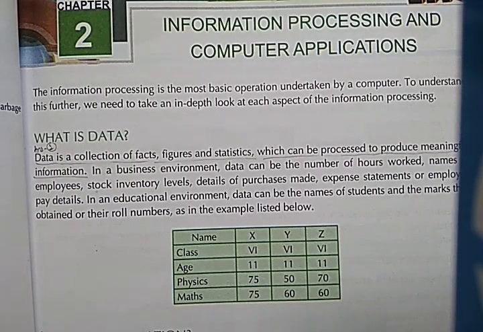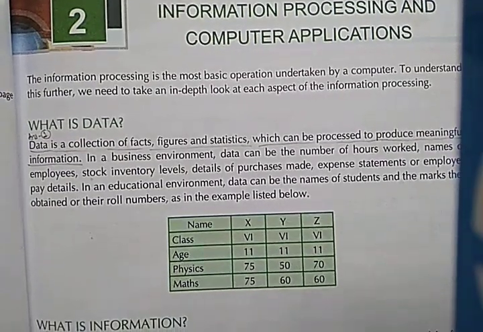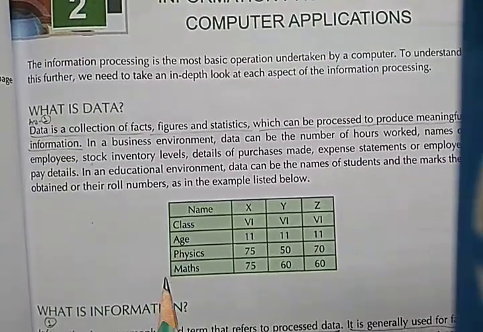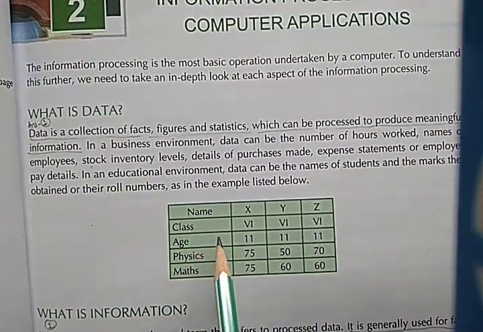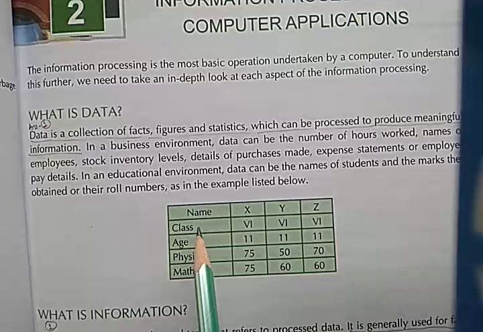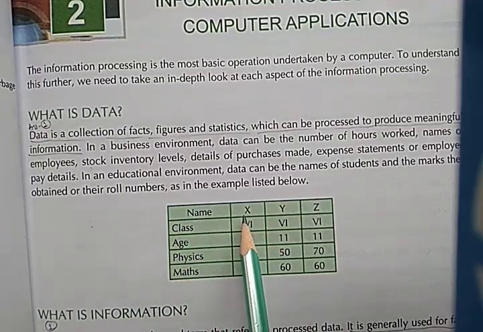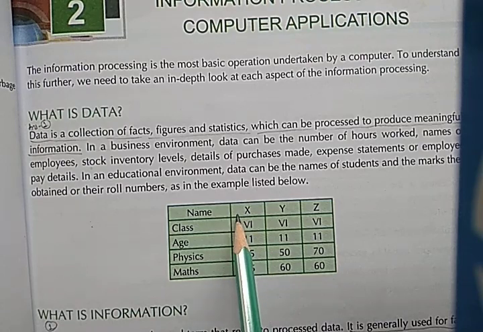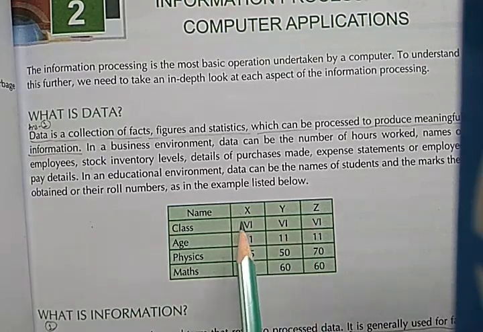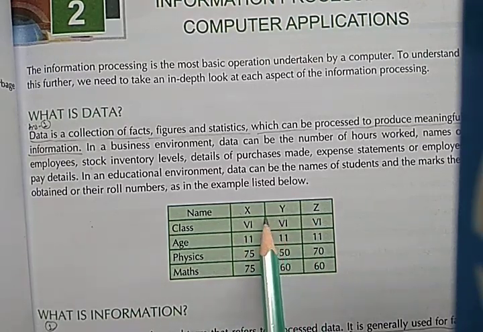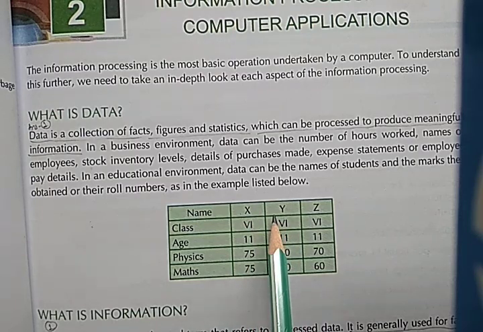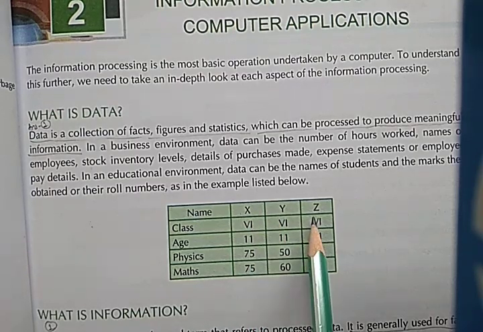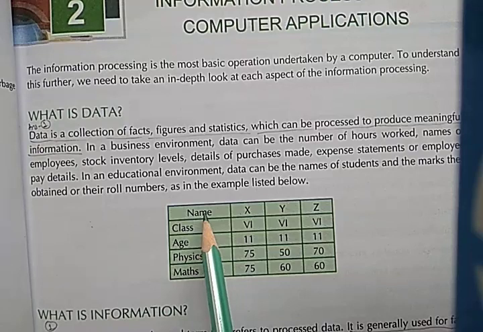You understood, I think? Here are some example students. Name here is given as XYZ, or you can write something else. Here FA1, FA2, FA3 or quarterly, half yearly or annual exam, and you can write your name. So write your name.